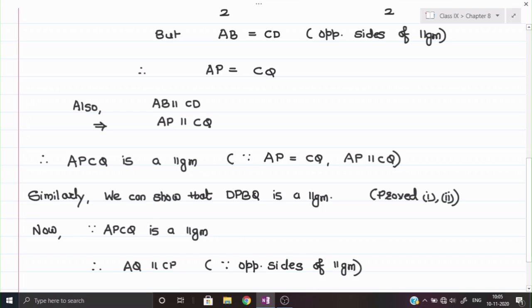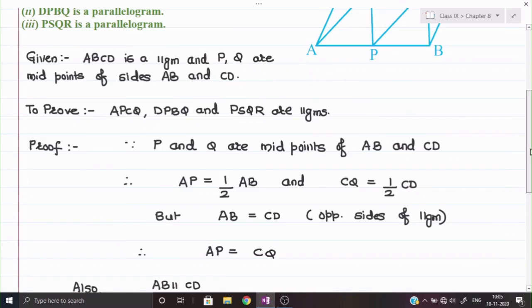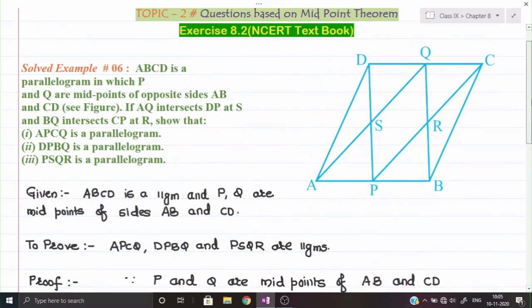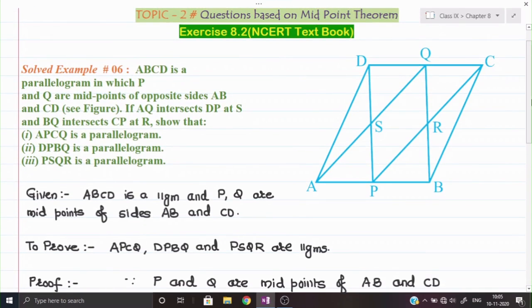So AQ and CP are parallel. Now we shall take a part of AQ and a part of CP. Which part of AQ is useful for us? That will be SQ, because our ultimate task is to prove that PSQR is a parallelogram.